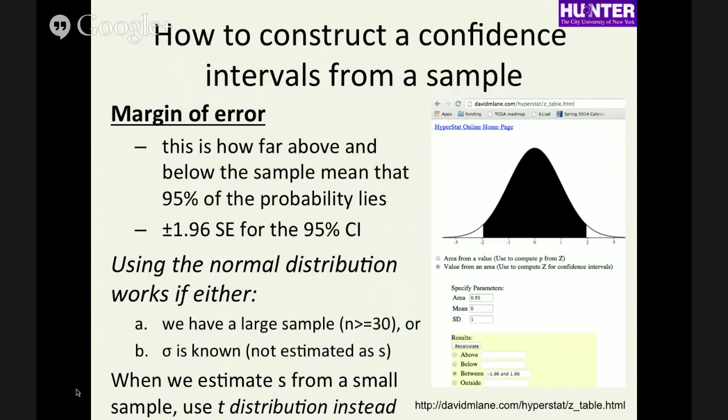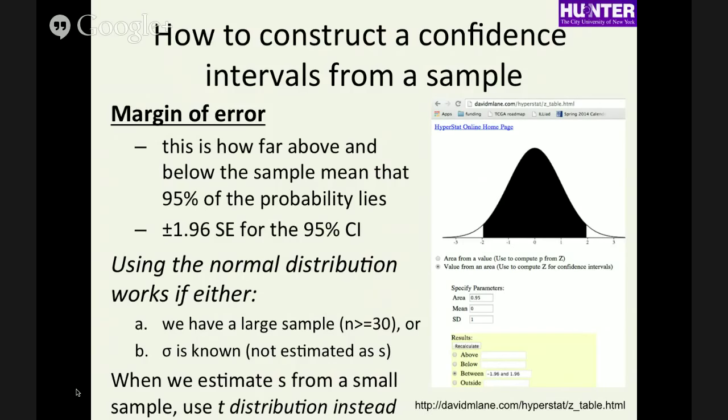So from the central limit theorem, you learned how to get the sampling distribution from the population distribution. So the middle of the sampling distribution is at x bar, the mean, and the standard deviation of it is the standard error. It's that sigma over square root of n.